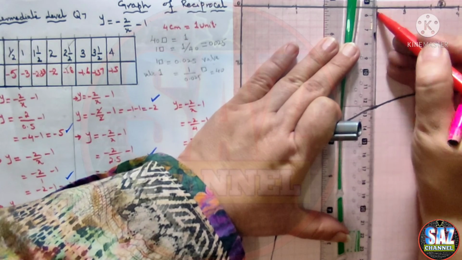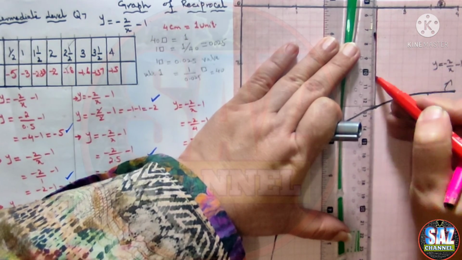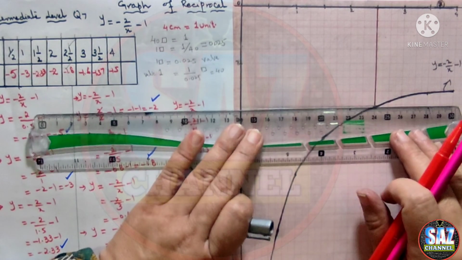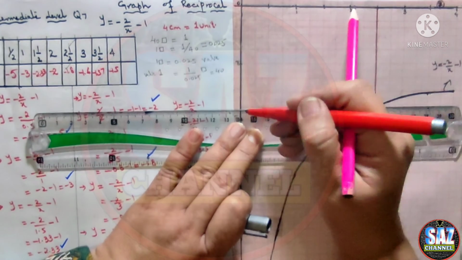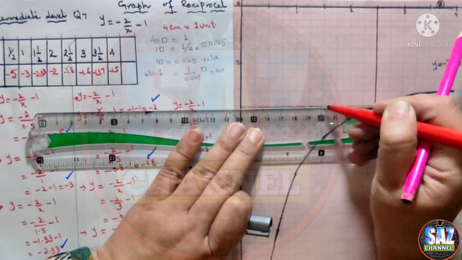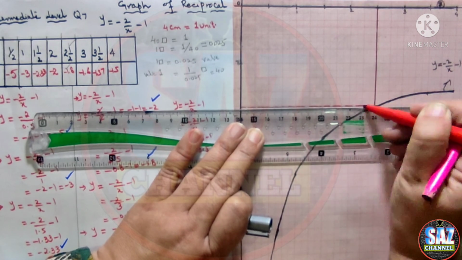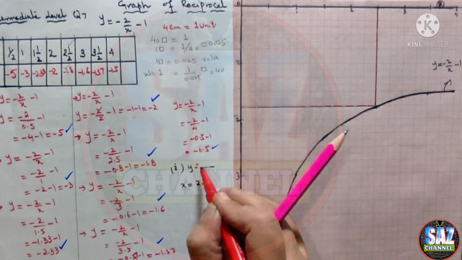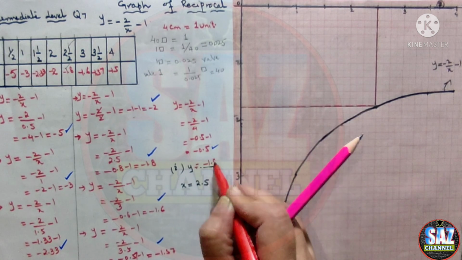So we'll be using the same answer here, and we observe that it is around 1.8. Really easy and interesting questions, and I'm going really slow so that my students can understand the concept easily. Y equals minus 1.8.